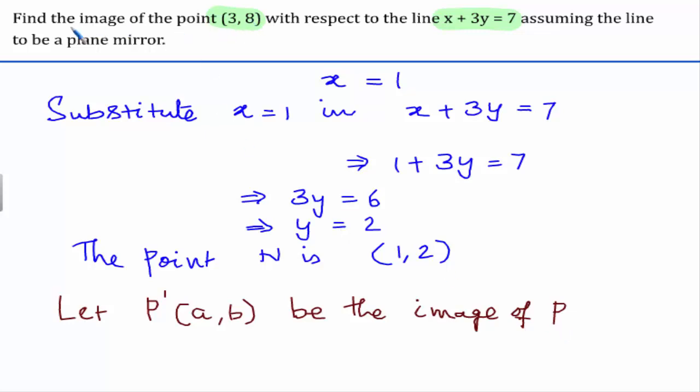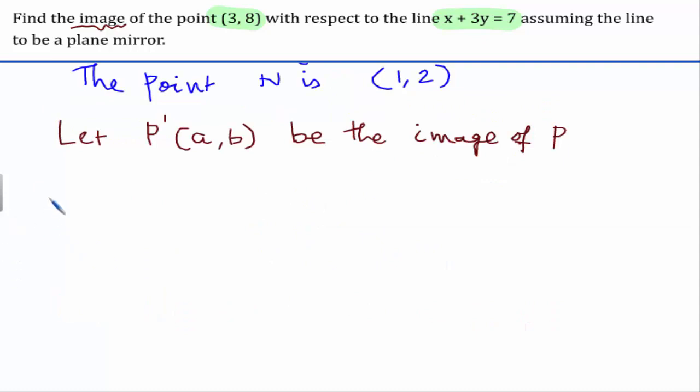because we need to find out the image here. So that is what we are doing here. So therefore N is the midpoint of the line PP dash.